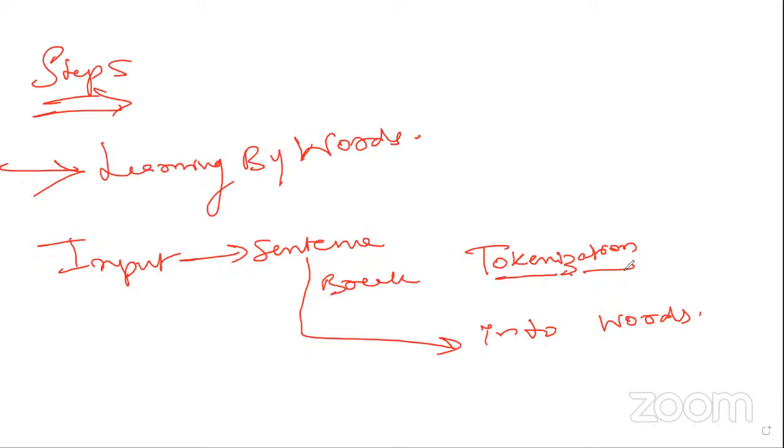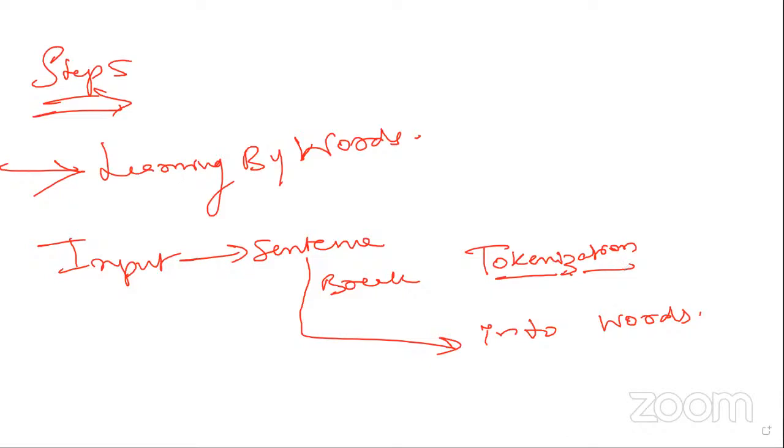Just like I understand words first and then learn the sentence, the same thing I am going to do here with the computer. Even though my input is a sentence, I am breaking that sentence into words, and that is known as tokenization.